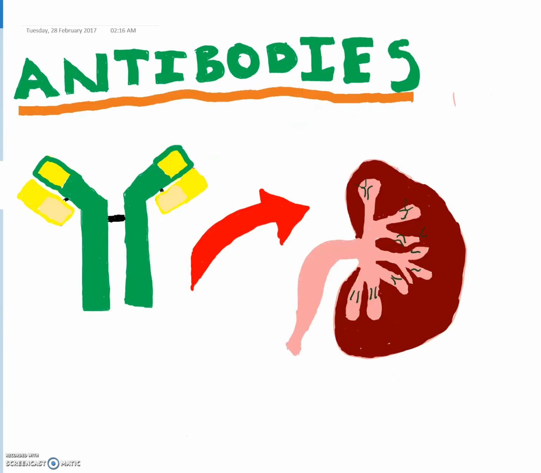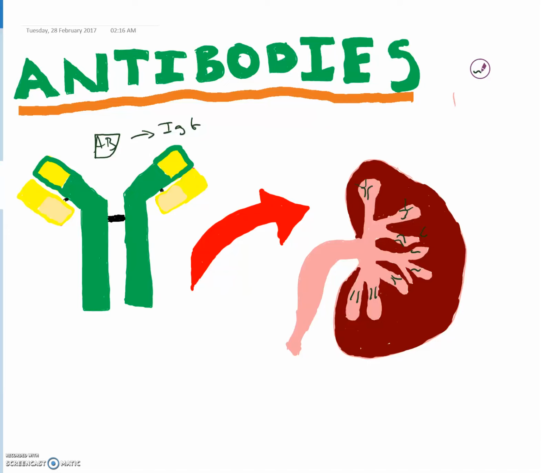So as you could probably guess, it has something to do with the kidneys. These antibodies, light chain and heavy chain antibodies, are mostly of type IgG. And you know that we have IgE, IgA, IgM, but this type is mostly IgG in multiple myeloma.